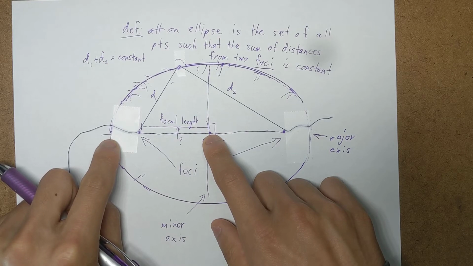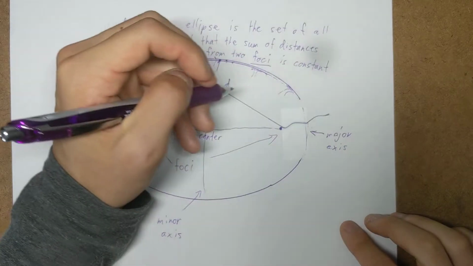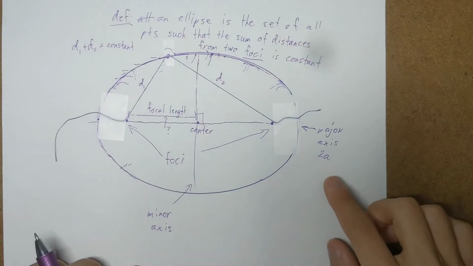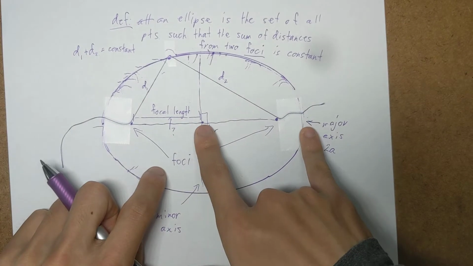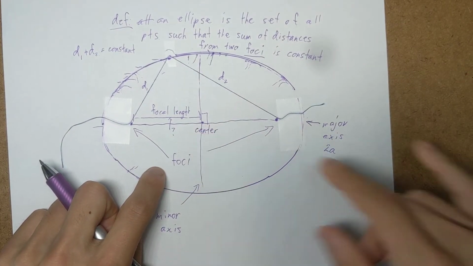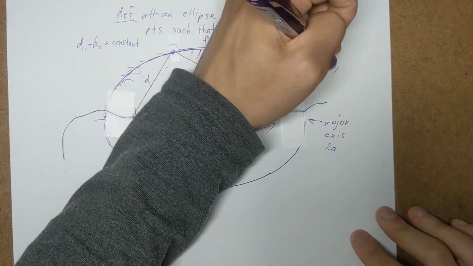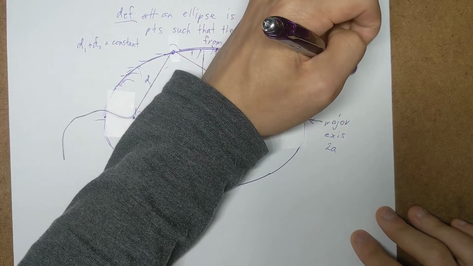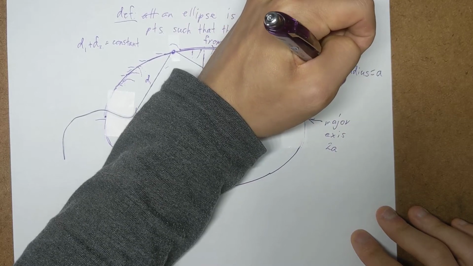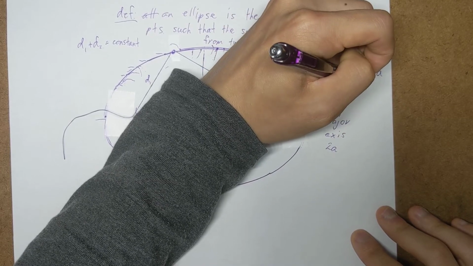So let's actually give some labels here. Let's define the semi-major axis as 2a, where a is, in this case, the x radius. So let's define some stuff. X radius equals a, and in this case the y radius equals b.